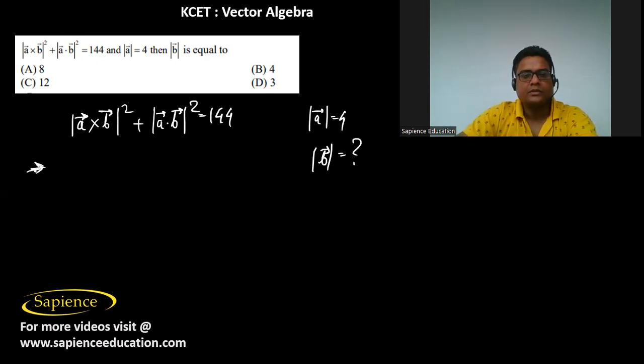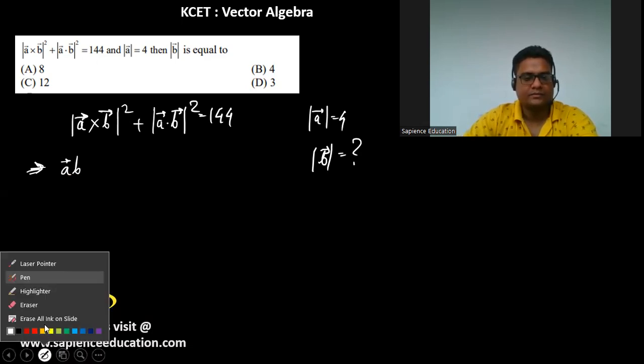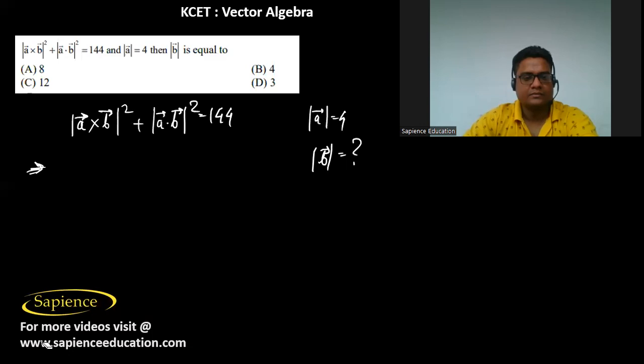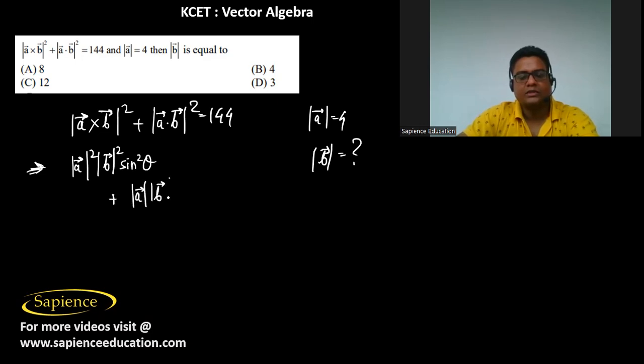So magnitude of a cross b whole square will be magnitude of a square into magnitude of b square into sine square theta, plus magnitude of a square into magnitude of b square into cos square theta, equal to 144.